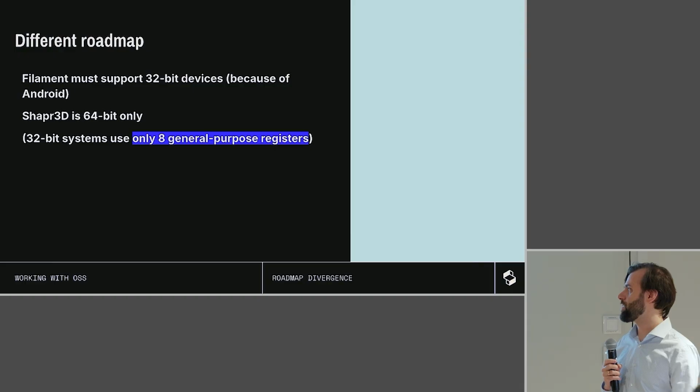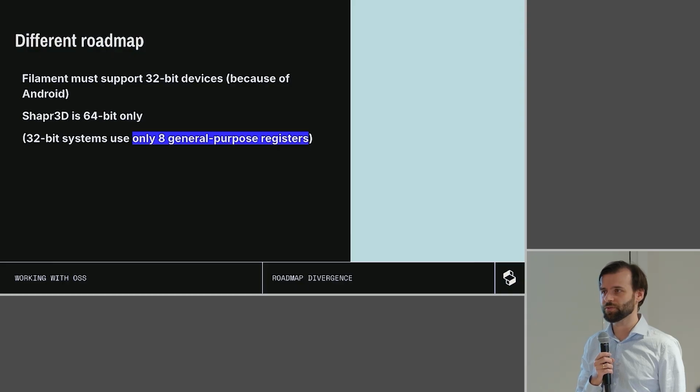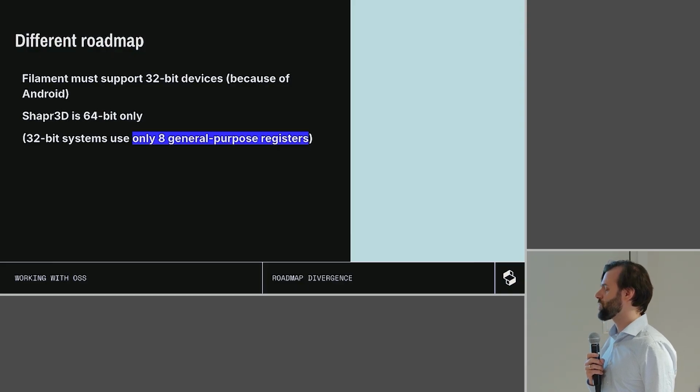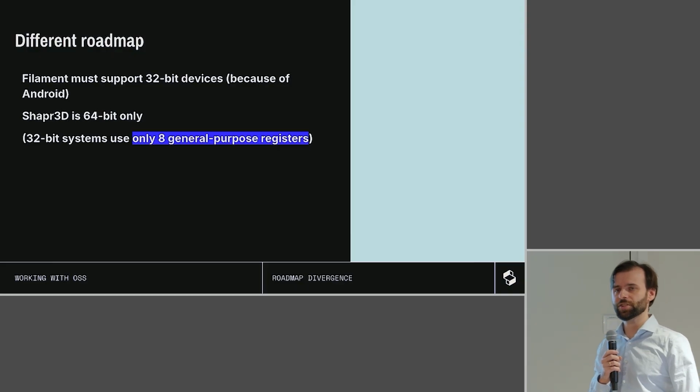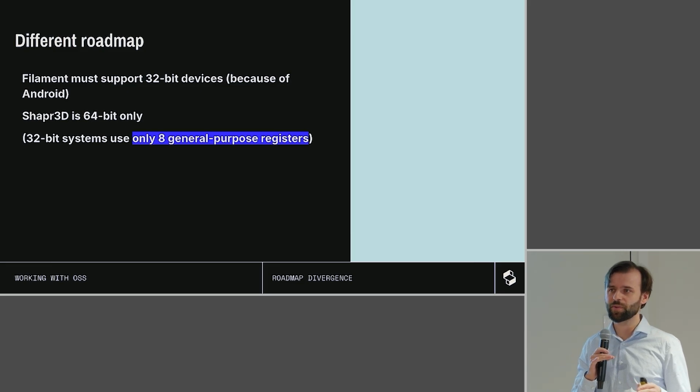And similar things to this is supported devices. Filament had to support 32-bit devices. Shaper 3D doesn't care about 32-bit. So we made some changes that would have increased the register width of the C++ code.